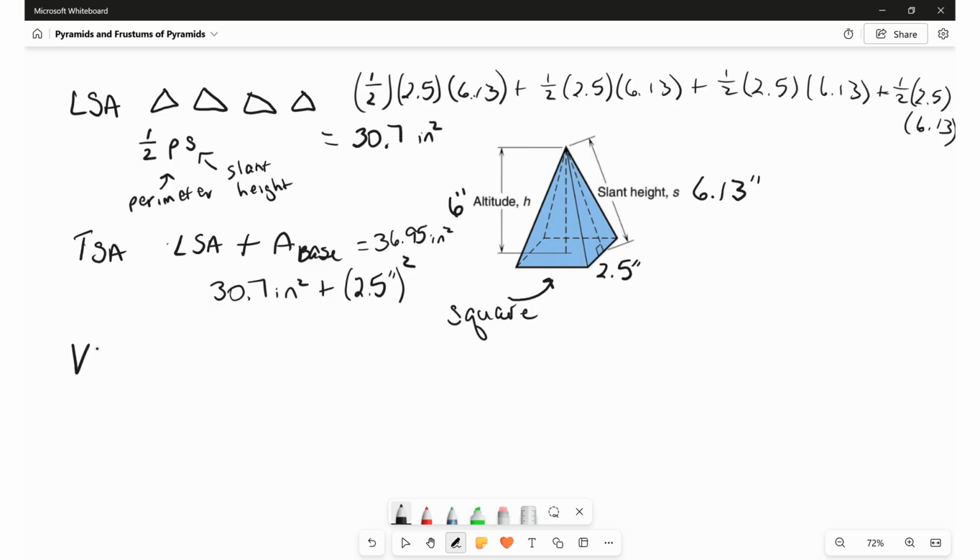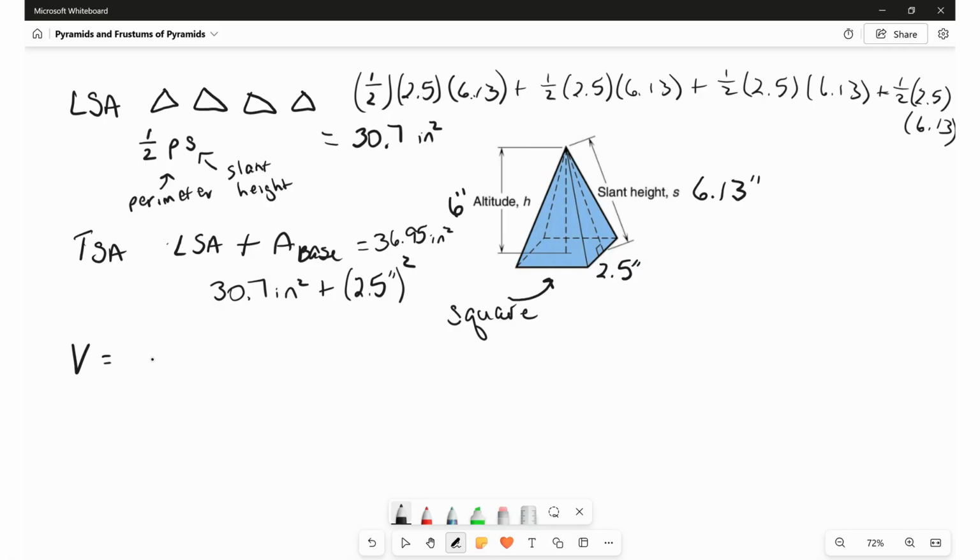Now for volume. This is where you are going to have to remember a new formula. For the volume of a pyramid, think about this: how many sides does a triangle have? If you said that a triangle has 3, you're correct.